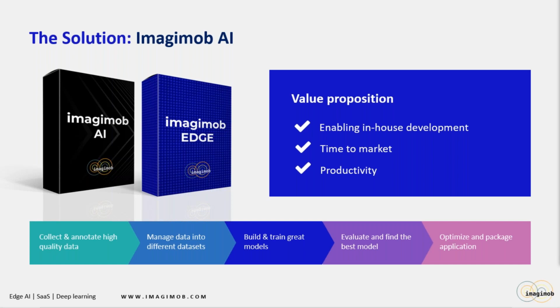Then we will select the best model and optimize and package it for running on the actual hardware. The final step that you don't see here is that we will show this model running on the hardware in real time so that you can see how well it works.